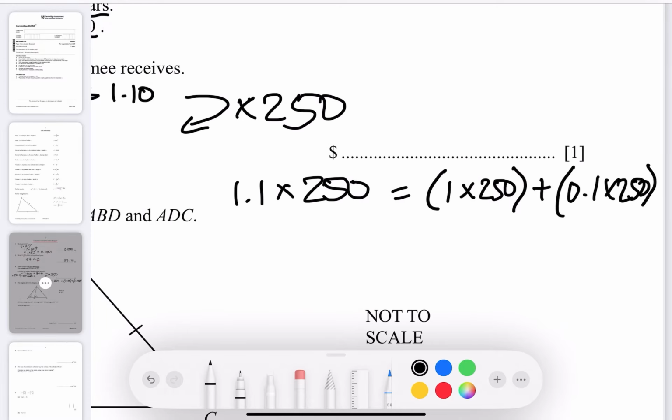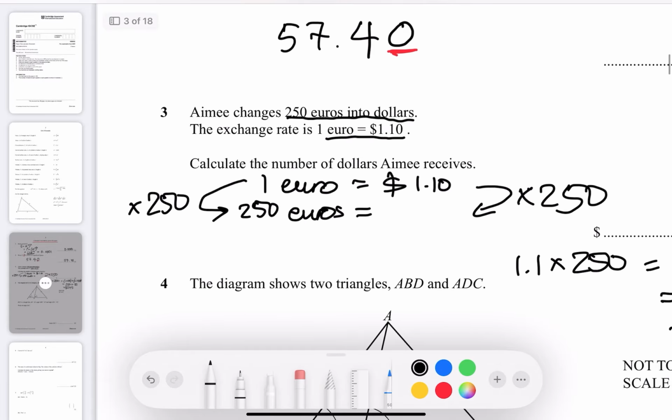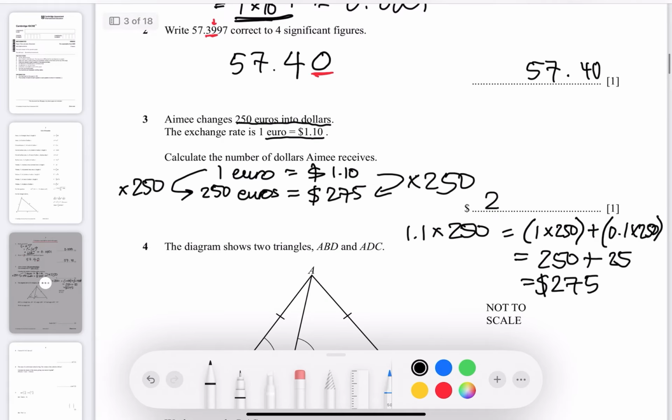Because if you expand out, it will just give you 1.1 multiplied by 250. So this, of course, is equal to 250 plus. Now 0.1 multiplied by 250 is the same as saying 1/10 multiplied by 250. And 1/10 of 250 is just 25. And then the sum of that is $275. So hence 250 euros is $275. To write that here, 275.